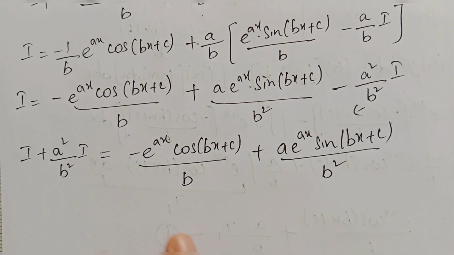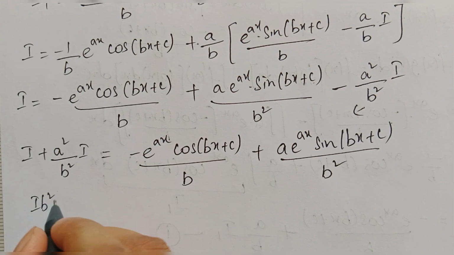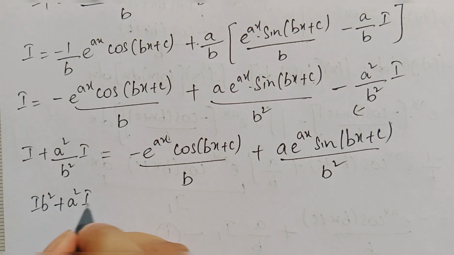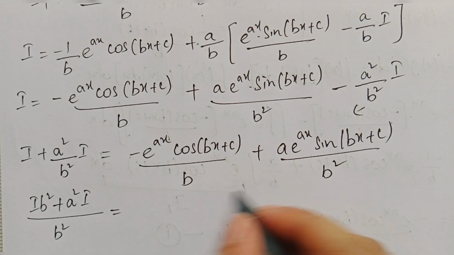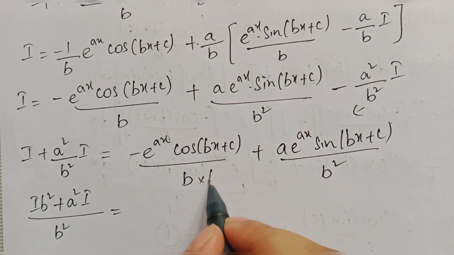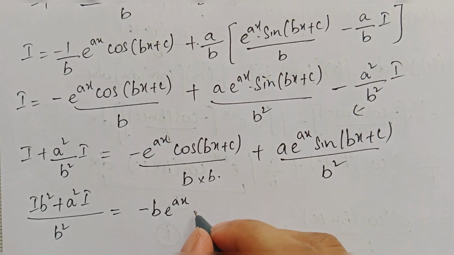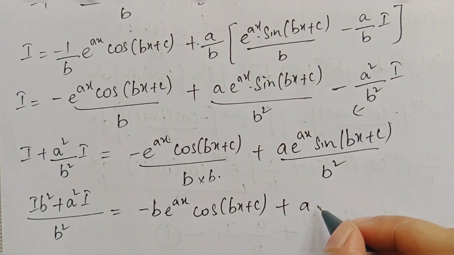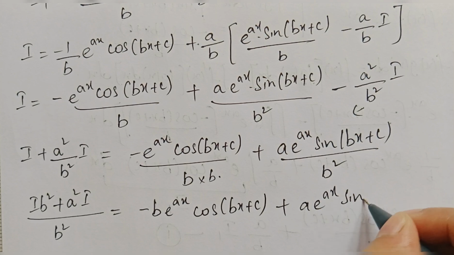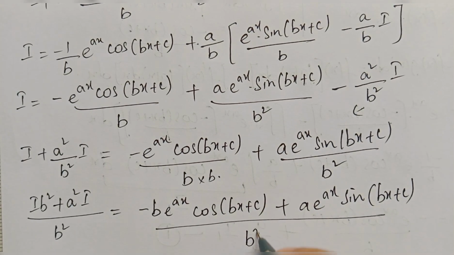Now taking the LCM on both sides, it will be I b squared plus a squared I by b squared is equal to, with b squared as the LCM, minus b e^(ax) cos(bx + c) plus a e^(ax) sin(bx + c) by b squared.